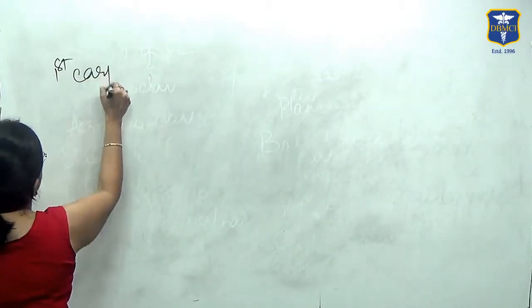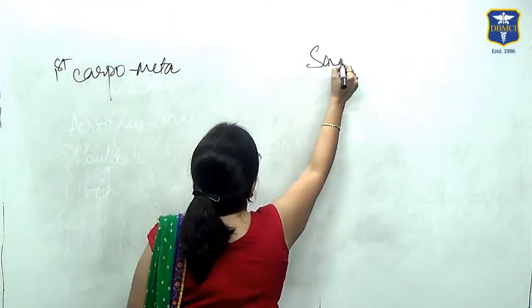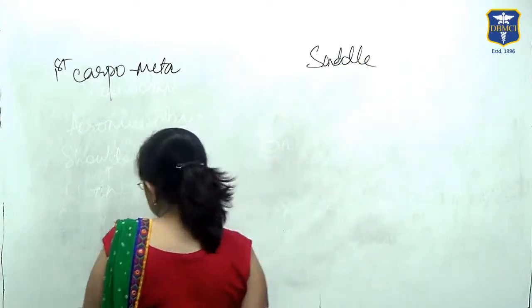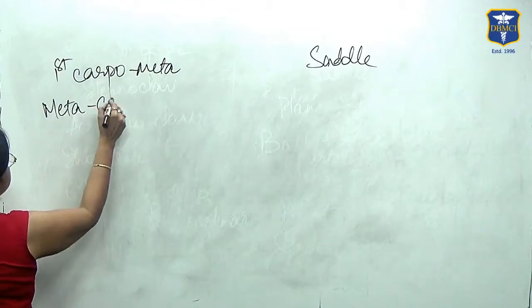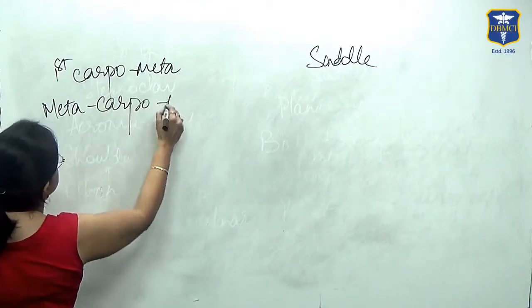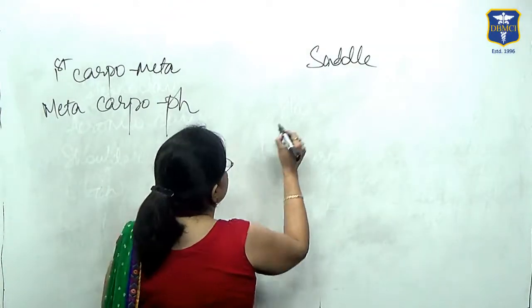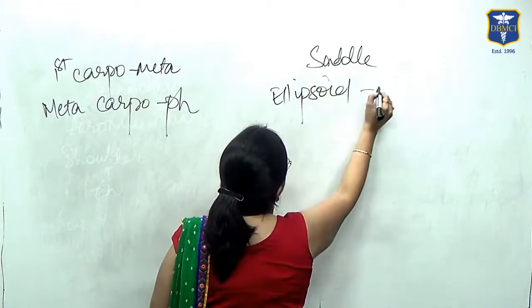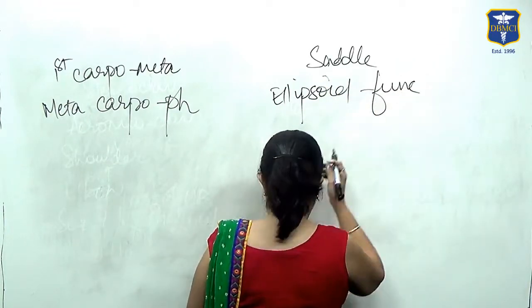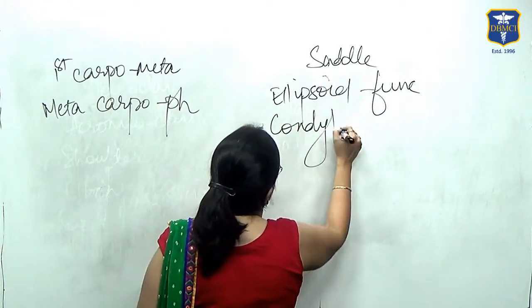First carpo-metacarpal is saddle, which is asked in this question. Metacarpophalangeal, ellipsoid functionally, and structurally they are condylar.